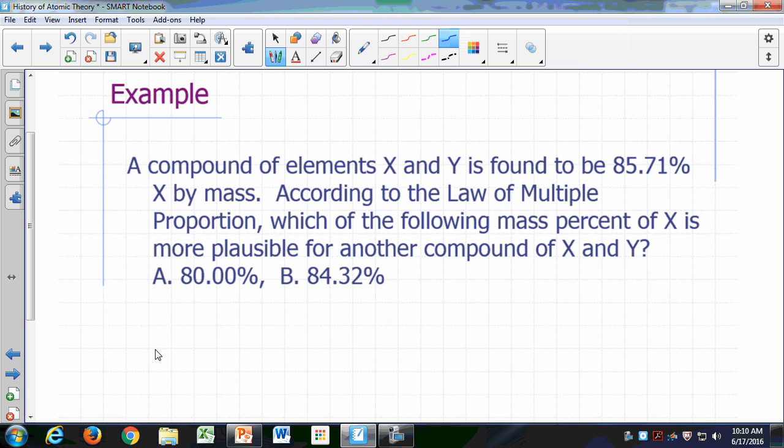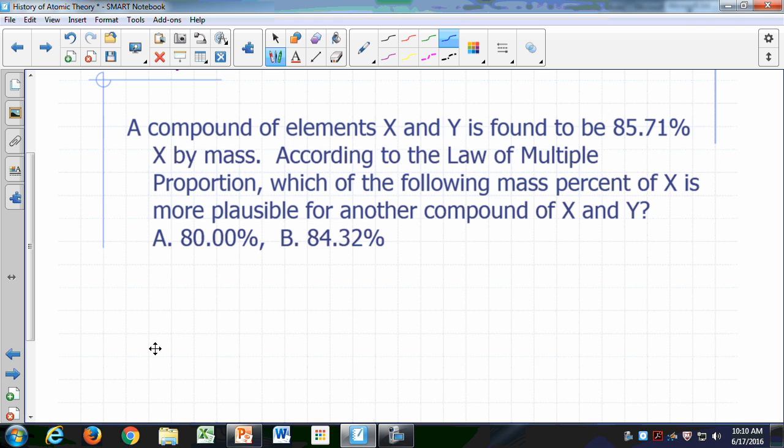So let's look at this example right here. A compound of elements X and Y is found to be 85.71% X by mass. According to the law of multiple proportions, which of the following mass percents of X is more plausible for another compound of X and Y? Let's call this compound number 1, and the other compound number 2.